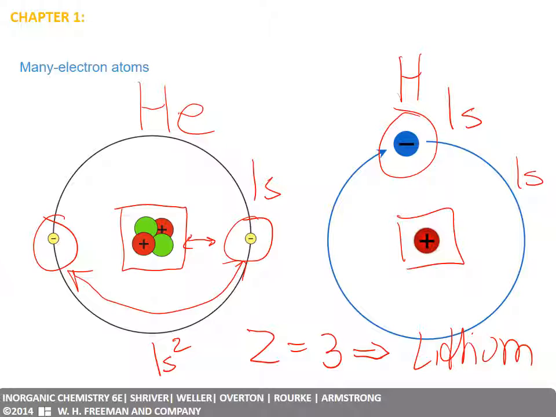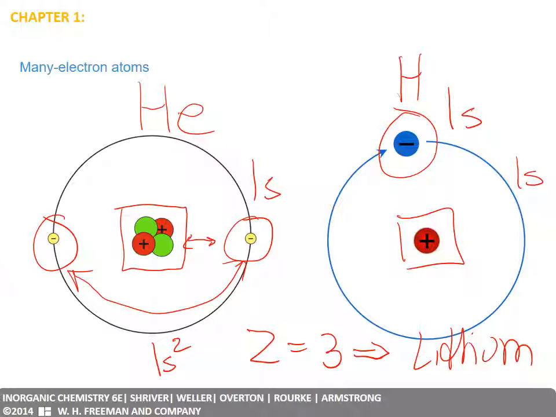And this is a fundamental feature known as the Pauli exclusion principle. The Pauli exclusion principle states that no more than 2 electrons may occupy a single orbital. And if 2 occupy a single orbital, then their spins must be paired. What does that mean?